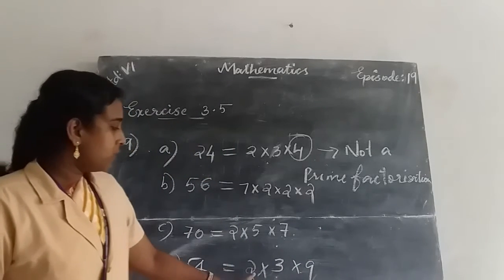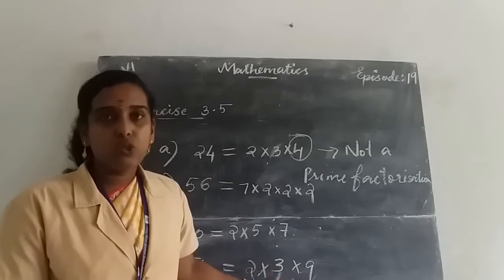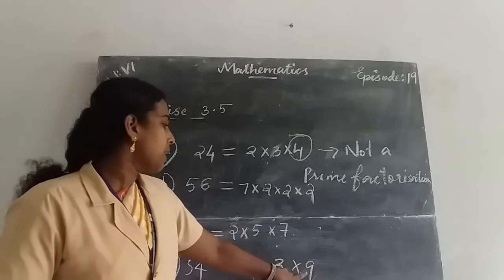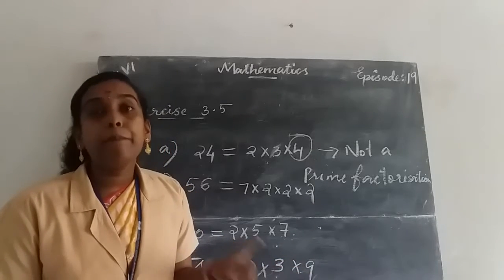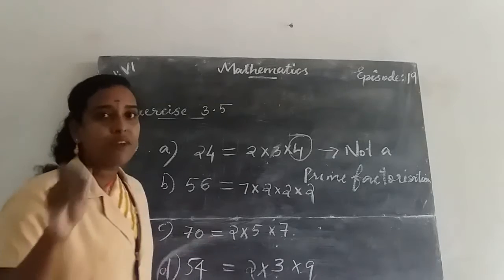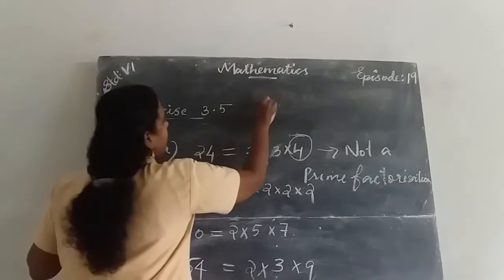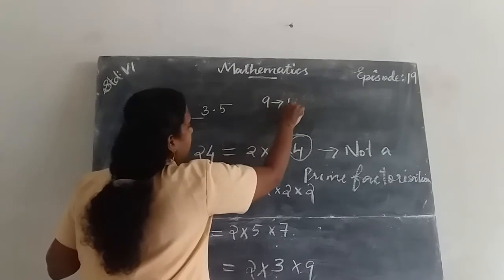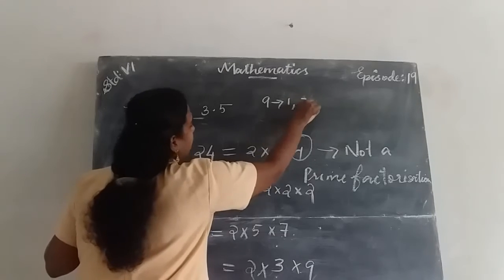Here we can see that 2 and 3 are prime numbers, but 9 is not a prime number. If we take the factors of 9, they are 1, 3 and 9.